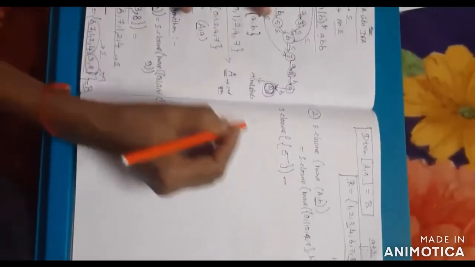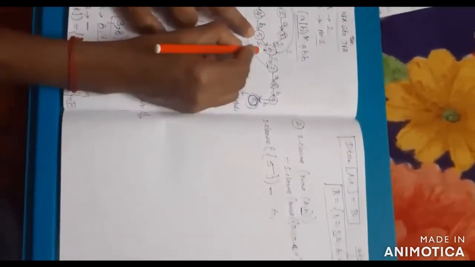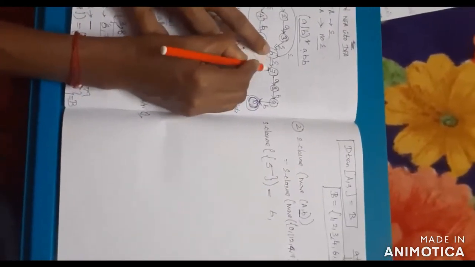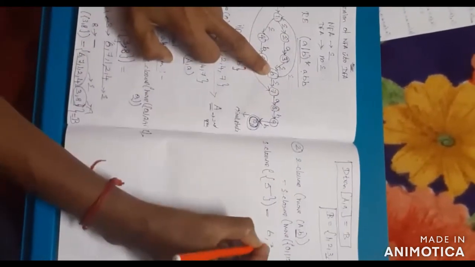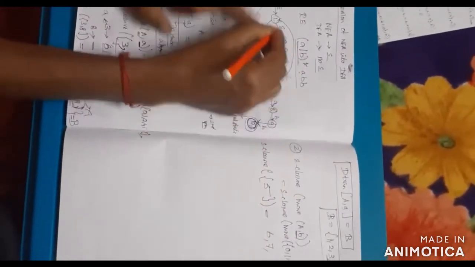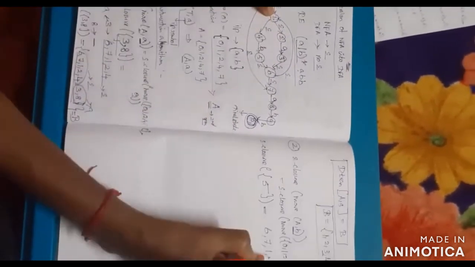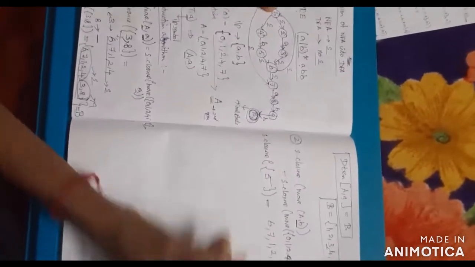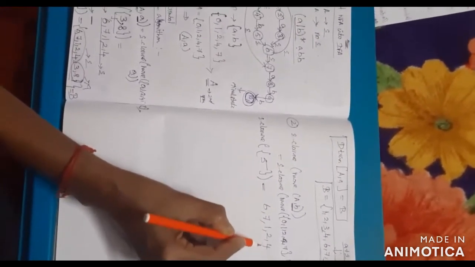In 5 you have to check: 5 can be moved to 6. 6 can be moved to 7 and to 1. First you write 6 to 7. Then 6 can move to 1. So 1 can move 1 to 2, 1 to 4. So 2 to 4. So what is the enclosure of 5 empty state? 6, 7, 1 to 4.